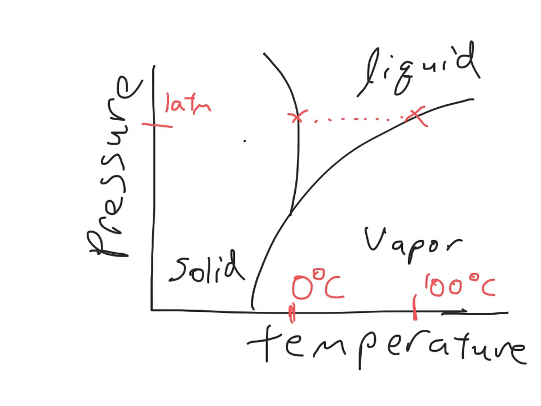So where these lines are very much depends on the material we're studying. Some materials at room temperature are liquids, some are vapor, some are solid. It just depends on the material.